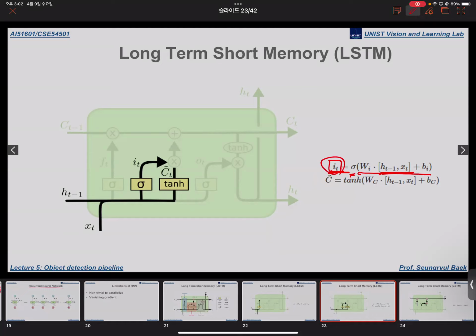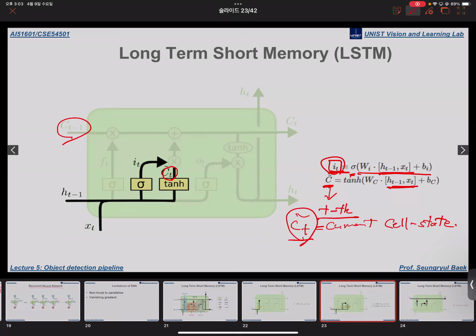We will also get a temporary cell state for the current step, which you can think of as C tilde of t. So we only have C of t minus 1 now, but we will first generate some of the current cell state from the same input. By combining these two pieces of information, we first generate the cell state.